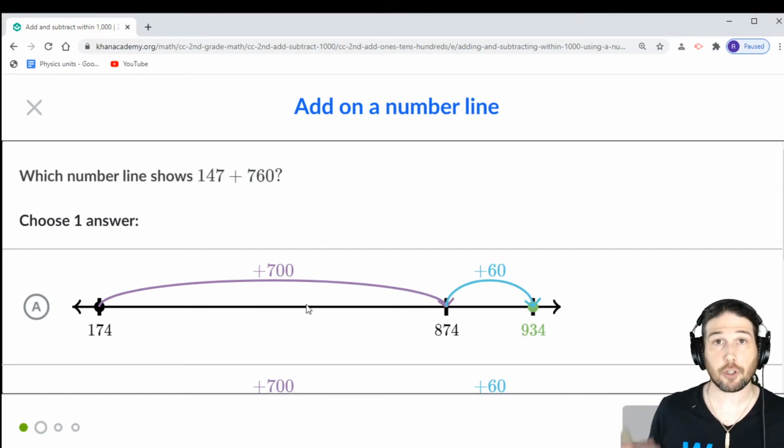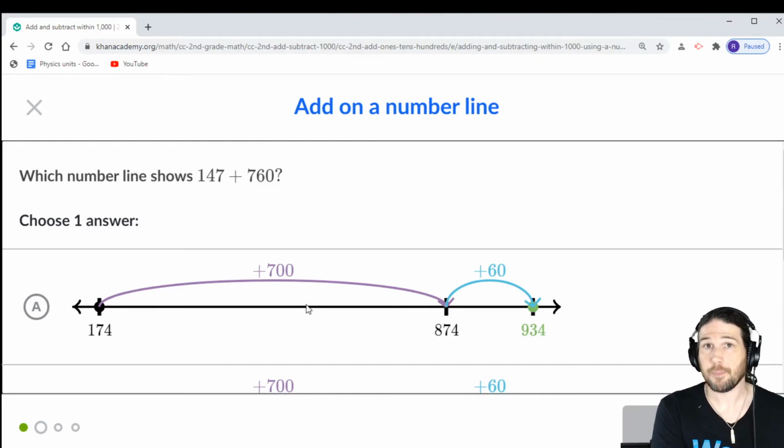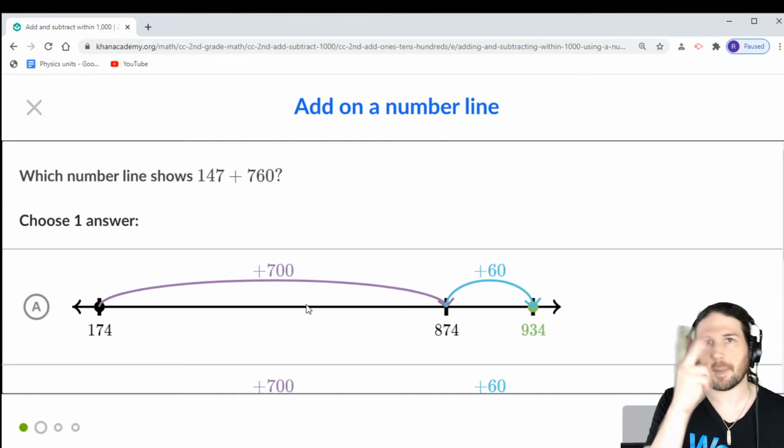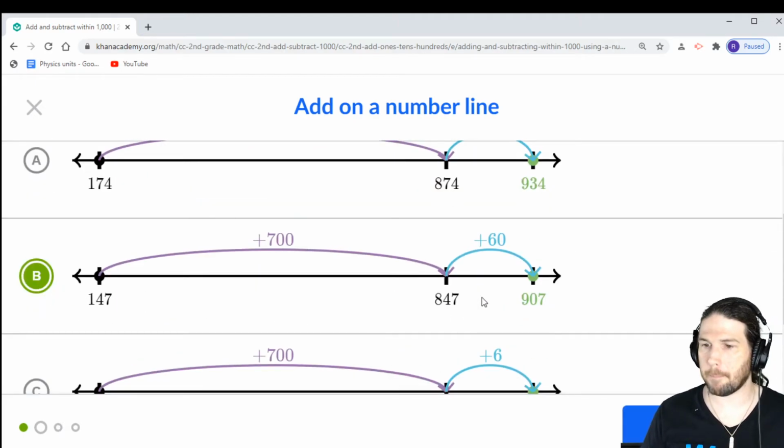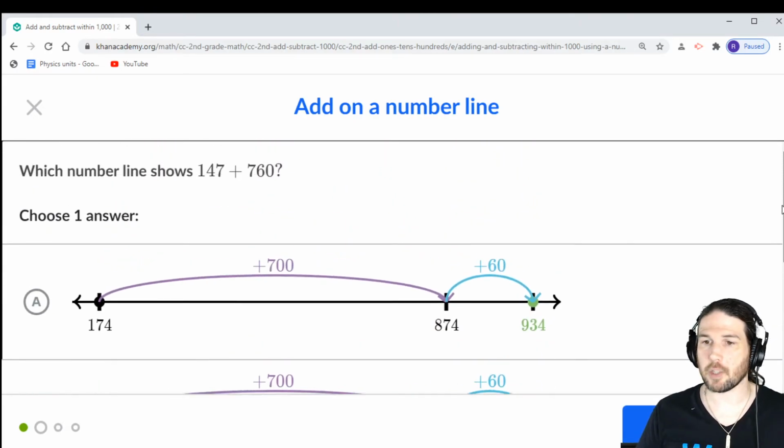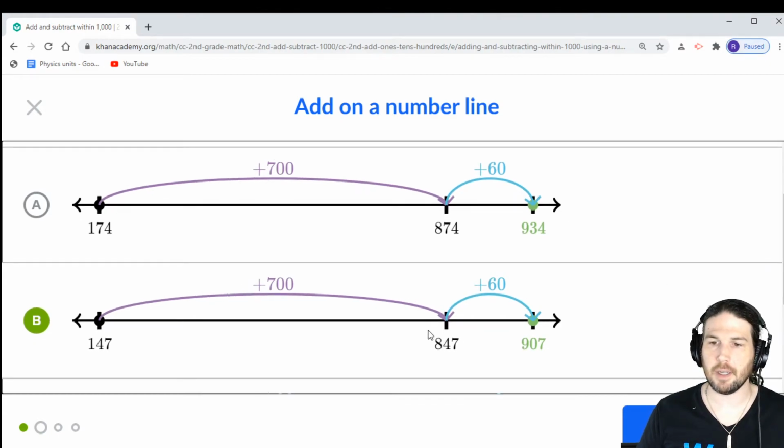This is another trap for those of you who are dyslexic or dyscalculic. It is there specifically to catch and hopefully support those of you who end up getting those numbers mixed up. I think B is the correct one because we are starting at 147, we're adding 700 to get to 847, and then we add another 60 to get to 907.